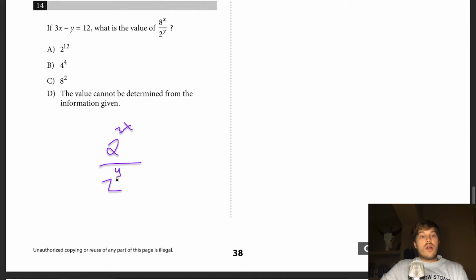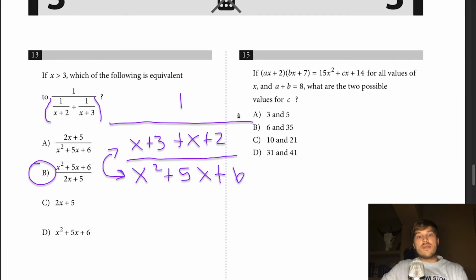Well, if you know your exponent rules, you know this is equivalent to 2 raised to the 3x minus y. And we're given in the problem that 3x minus y equals 12. Therefore, this equals 2 to the 12th. Okay, excellent.